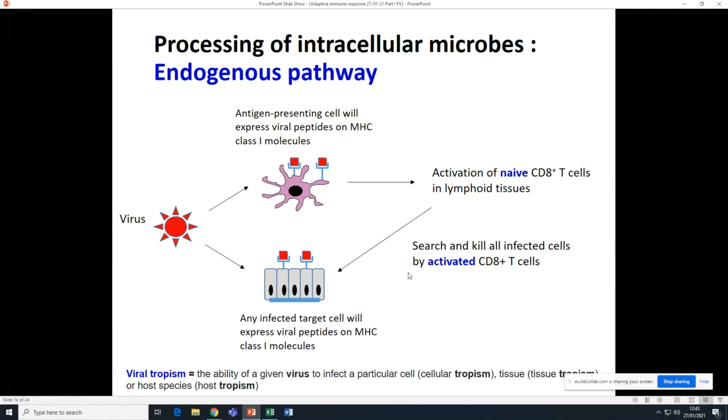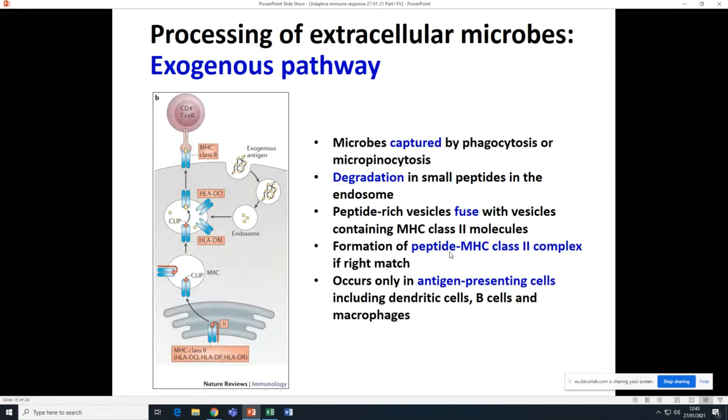So I hope you understand now the importance of having MHC class 1 on all cells as well as on antigen-presenting cells. So let's see now how antigen-presenting cells process an extracellular microbe, meaning bacteria. Look, and everything comes back to where the microbe is processed.